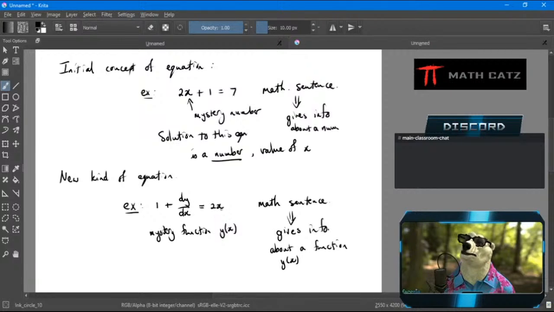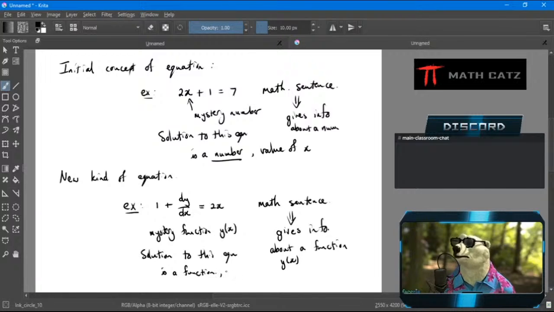So the sentence topic is different than my original style of equation that gives me information about a number. This one talks about a function. So the solution to this equation is therefore going to be a function.